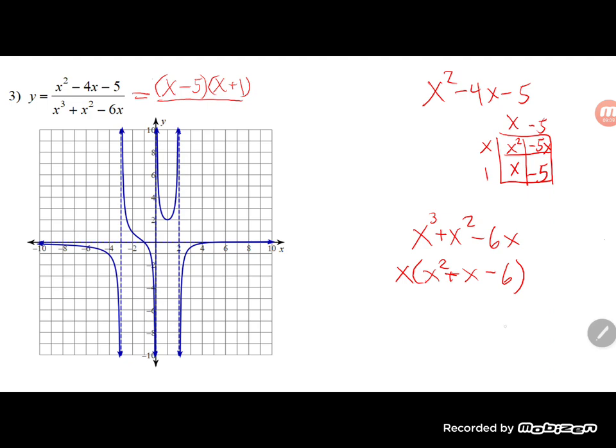So we can then go ahead and use another box, and you can think, we have negative 6 that's being multiplied to an x squared up here. What numbers could add up to make that x but multiply to negative 6? Well, that could be a positive 3x and a negative 2x.